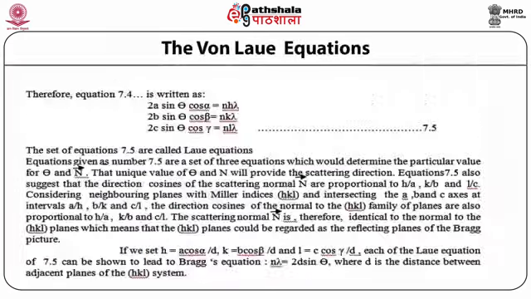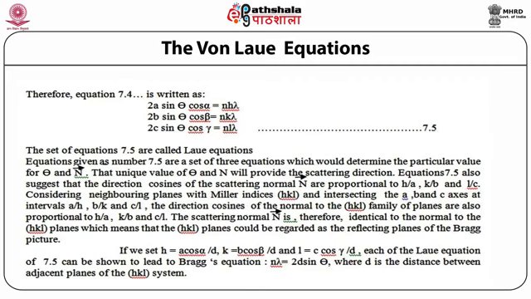Therefore, equation 7.4 is written as twice A sin theta cos alpha equals H lambda, twice B sin theta cos beta equals K lambda, twice C sin theta cos gamma equals L lambda. We shall call all three equations 7.5. The set of equations 7.5 are called Laue equations.